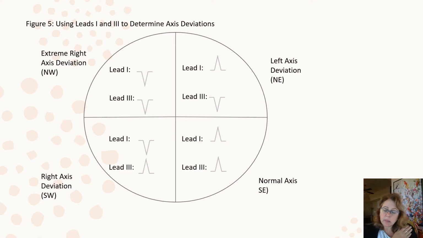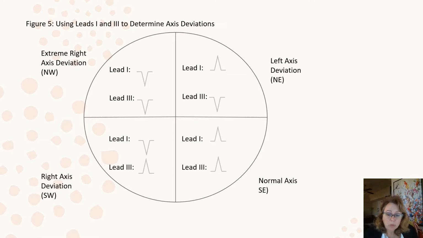It's up high on the left arm or even the left shoulder. And so that energy is not traveling towards it. It's pretty much traveling away from that lead. And so what we will see is a negative complex in lead 1. And because the energy is still traveling towards lead 3, towards the bottom of the heart, it is positive.